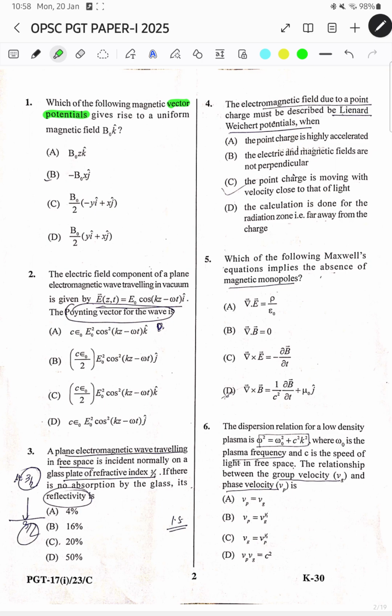For vector potential, you have to know the relation between the vector potential and magnetic field. We all know B vector is equal to curl of A. By using this relation, we can see which option is correct. Okay, let's look at it.